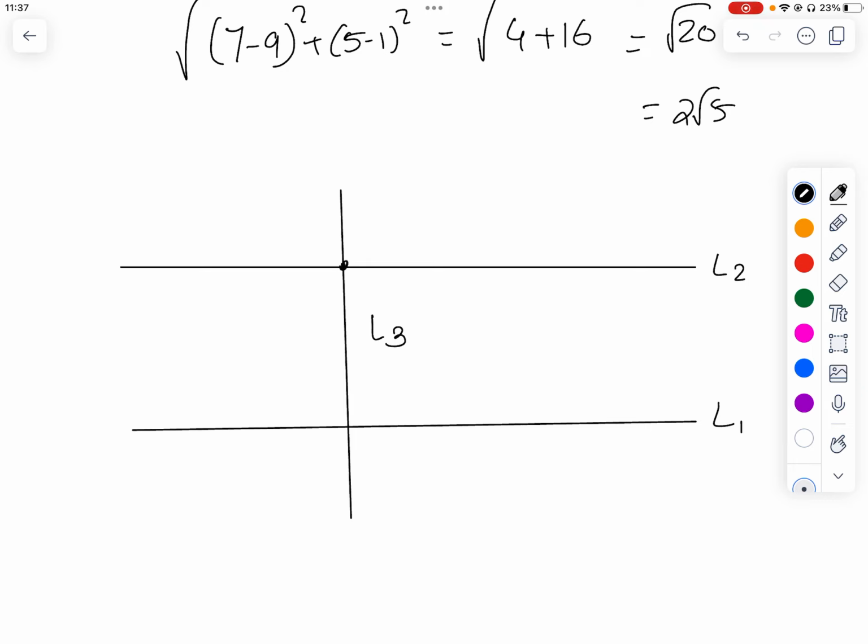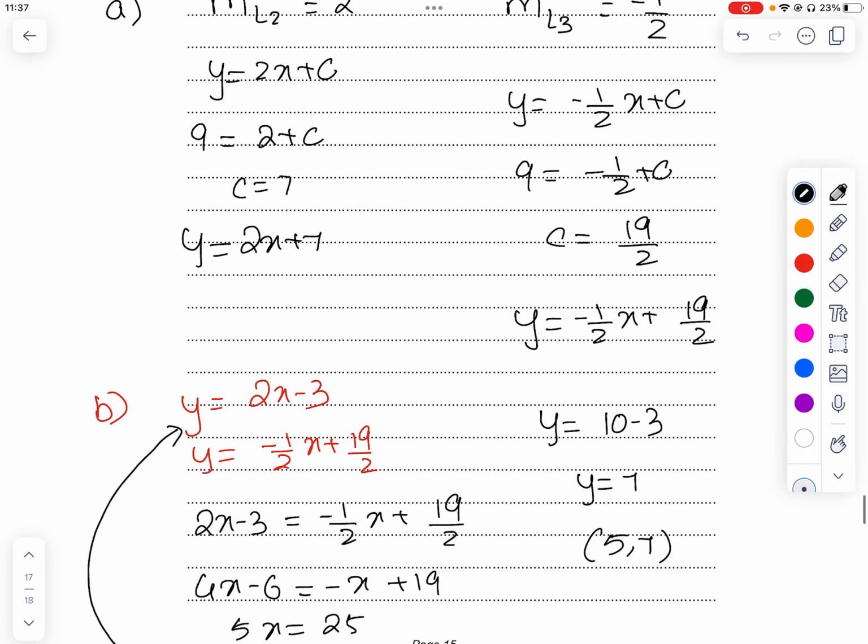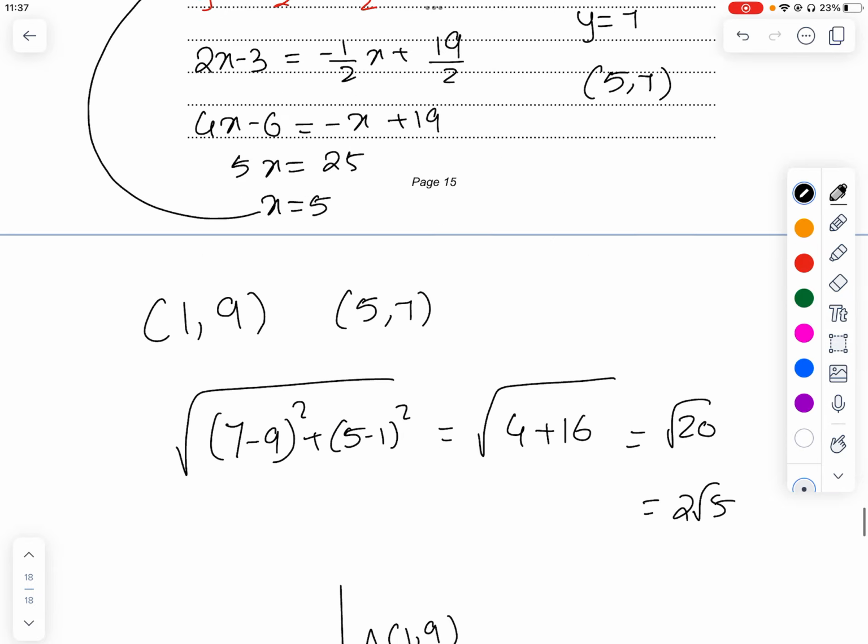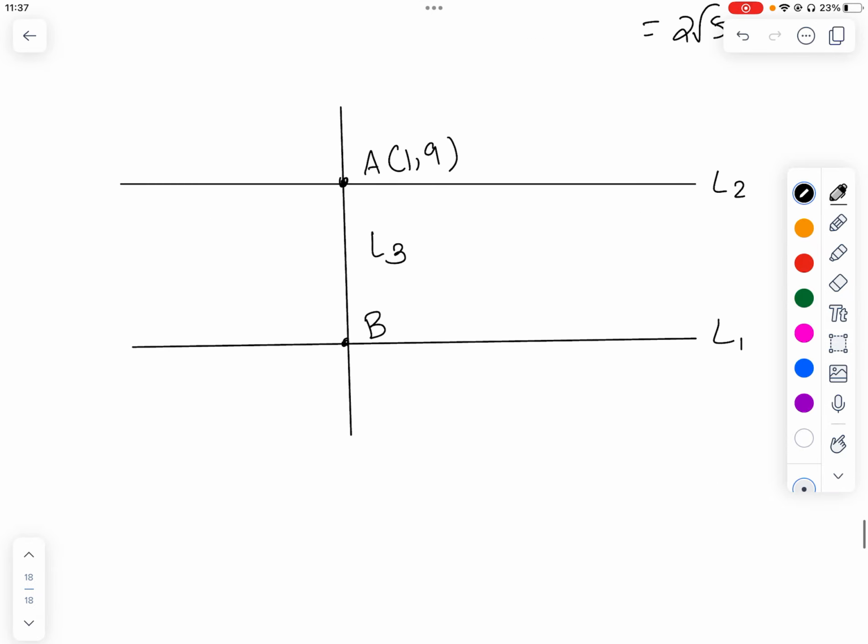This point is A 1 comma 9, and this is the point B. Now what is he asking? The distance of point A to the line L2. It's nothing but the same distance between A and B, which is root 20 or 2 root 5.